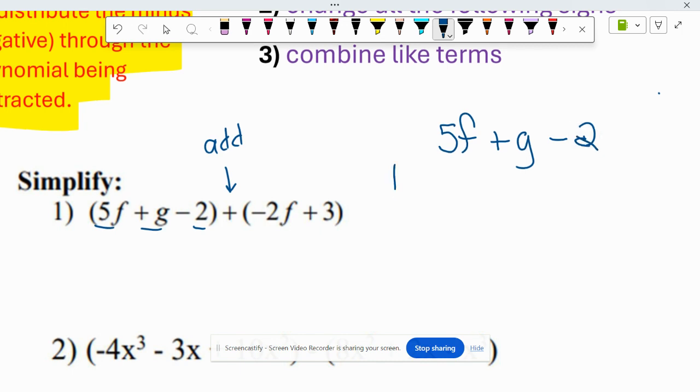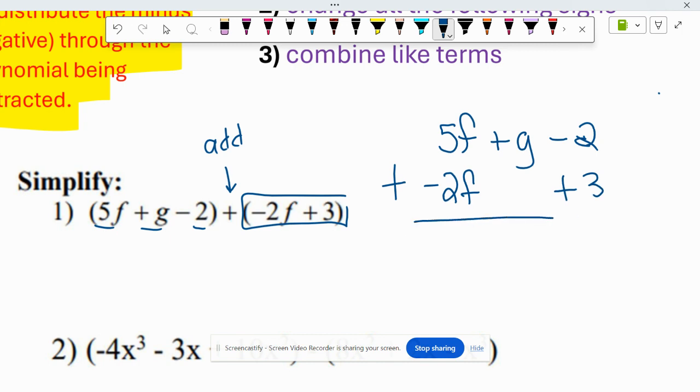And to that, I'm going to add this polynomial. When I stack these together, I need to line up my like terms. So I have a negative 2f term. I don't have a g term at all, so I just skip that spot. But I do have a constant. It's positive 3. And then I'm just going to add them up vertically.